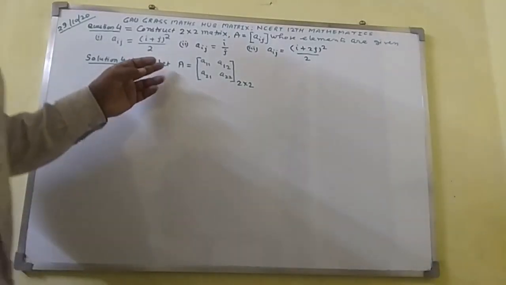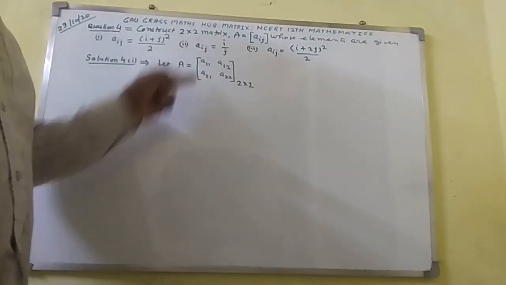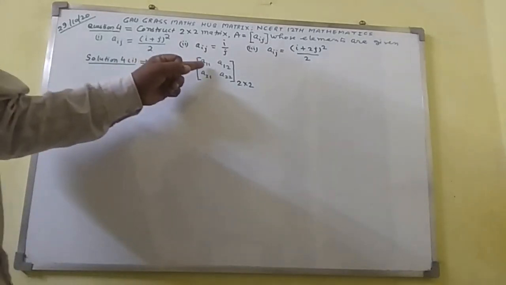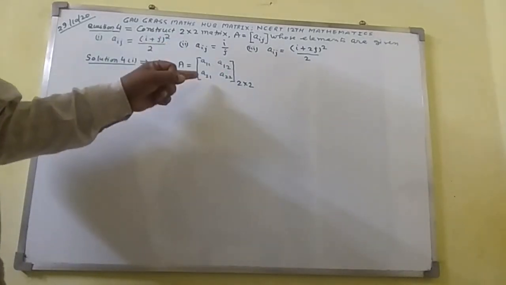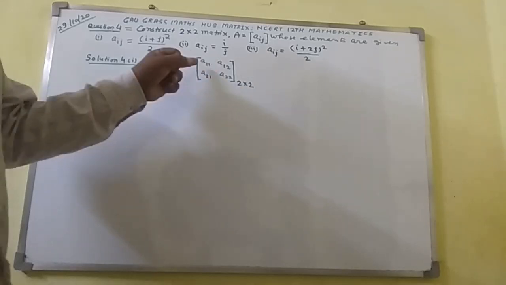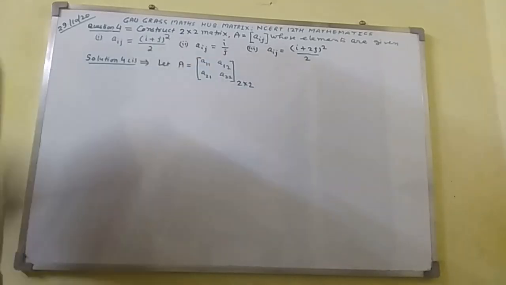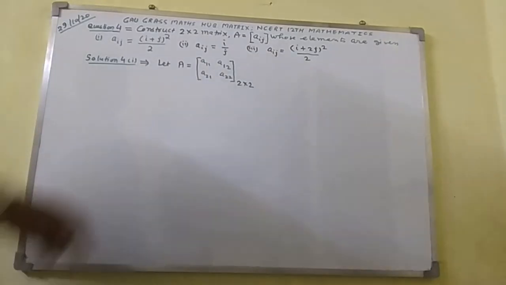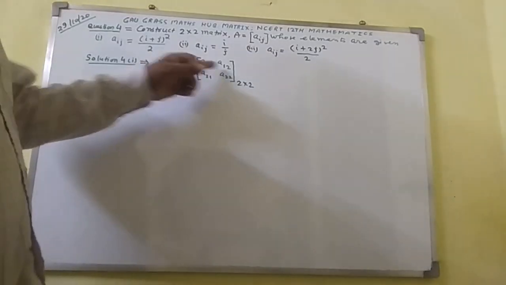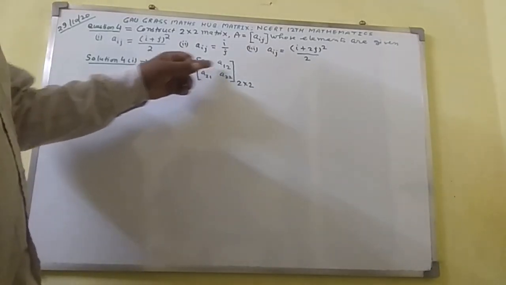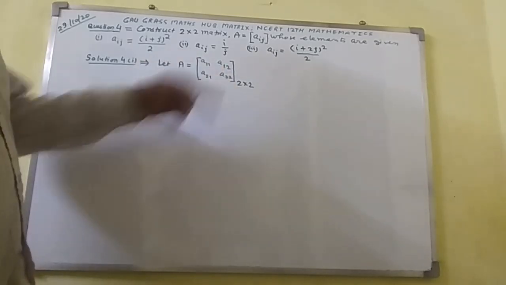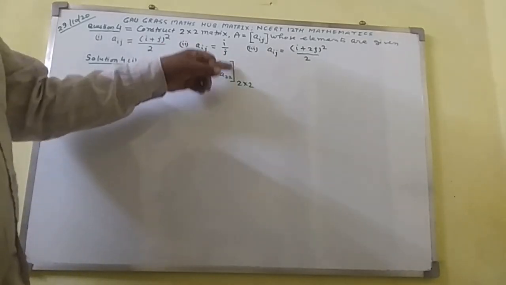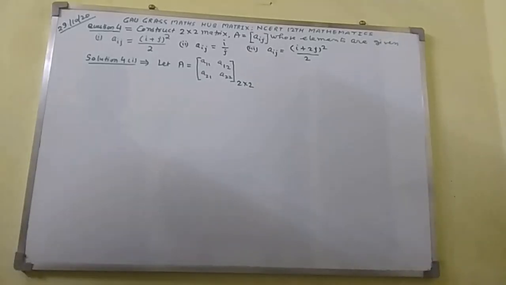So let the matrix A equal to a11 a12 a21 a22. This is a matrix of order 2 cross 2. First row 1 1, second row 2 2, first column 1 1, second column 2 2.